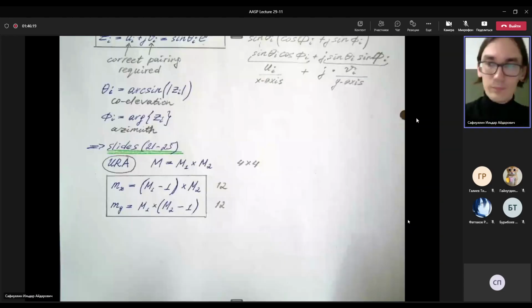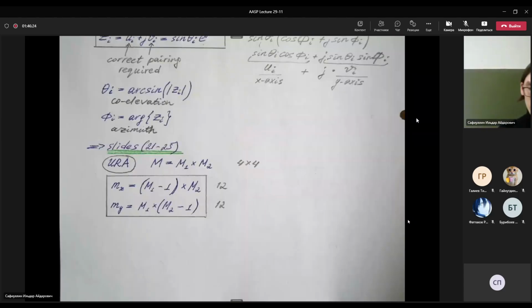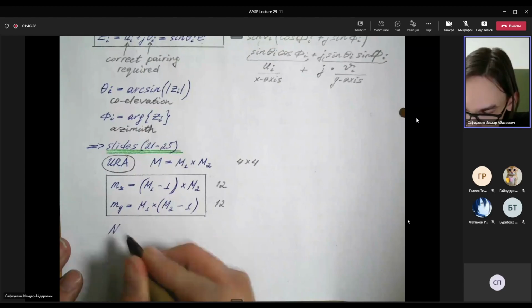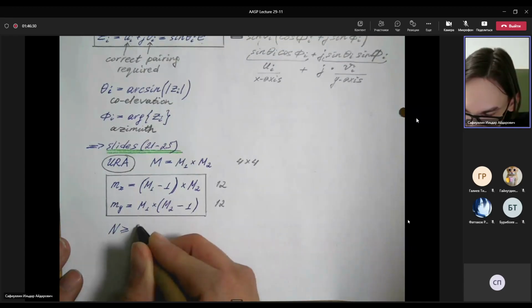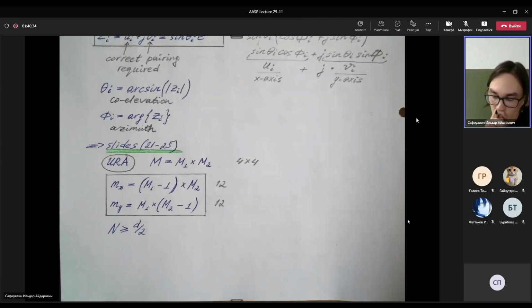Let me check. Yep. So let's add here that n should be greater or equal to d over 2. Or, no, vice versa. So for example, if we have 4 sources, the number of snapshots should be greater or equal to 2.